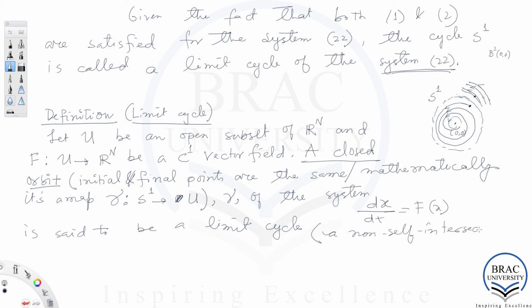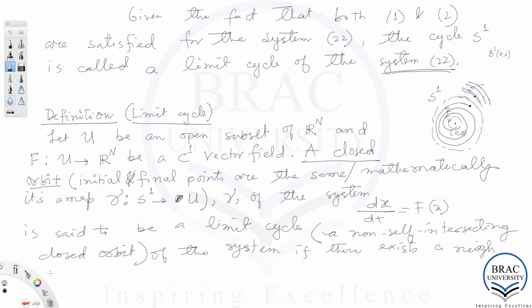So a limit cycle of the system is this closed orbit if there exists a neighborhood V gamma contained in the open set U, something like this.